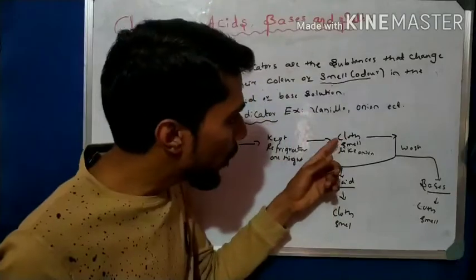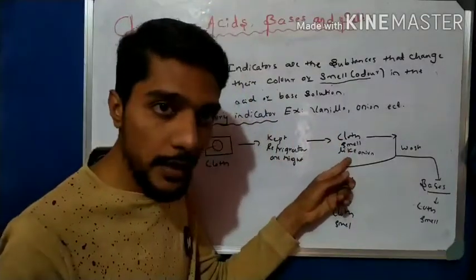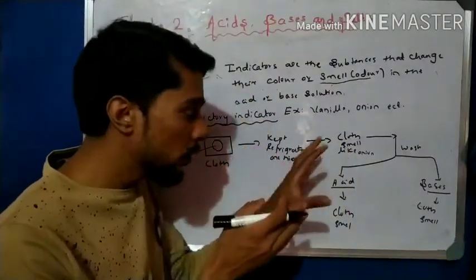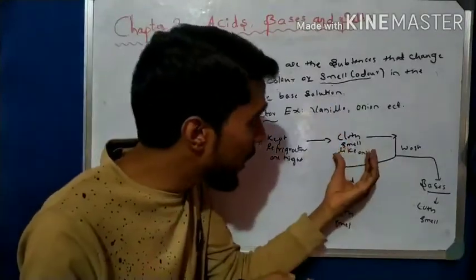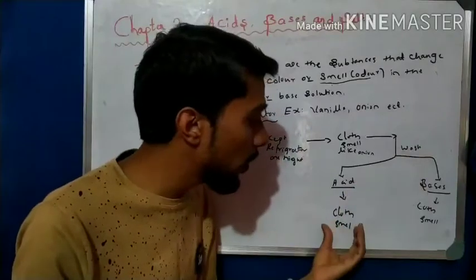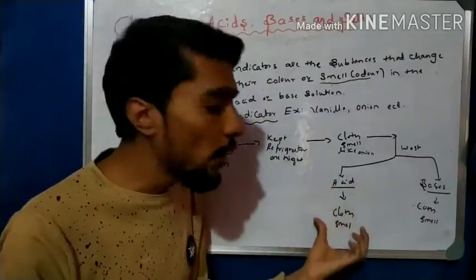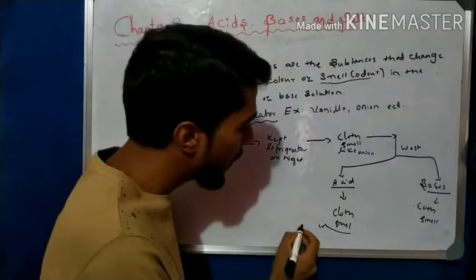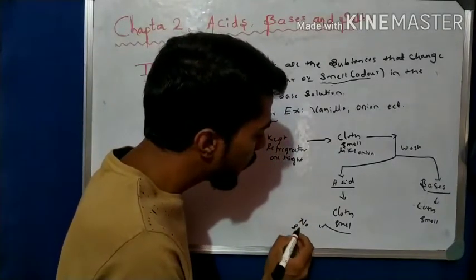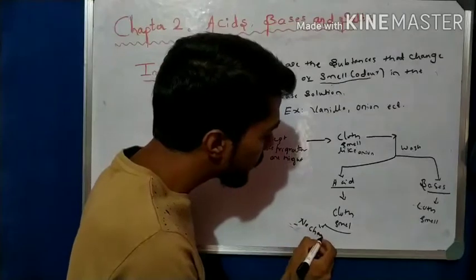When the cloth that smells like onion is washed in the acid substance, we observe that the onion smell is not vanished; it is still there.